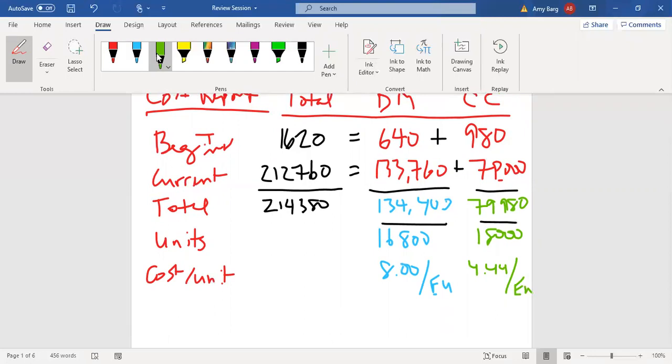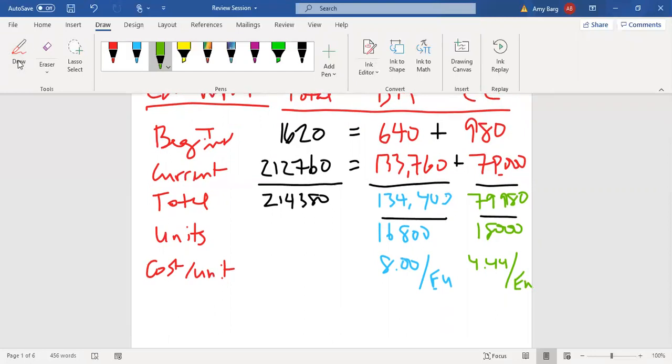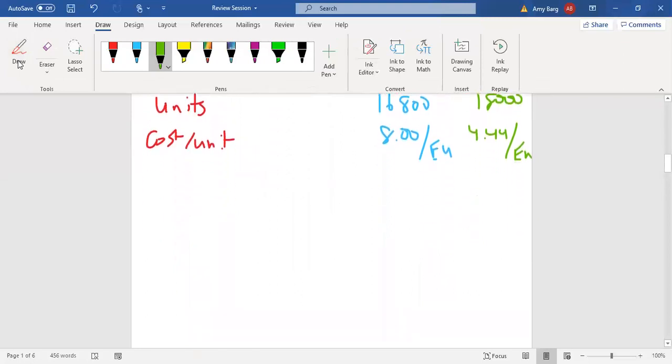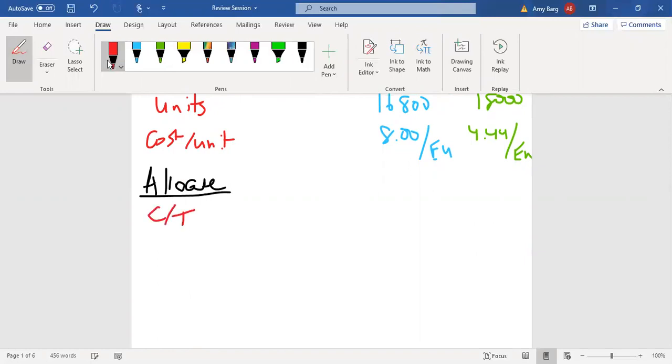So now the only thing left to do is allocate. We need to allocate the completed and transferred. We need the direct materials, and we need the conversion costs.